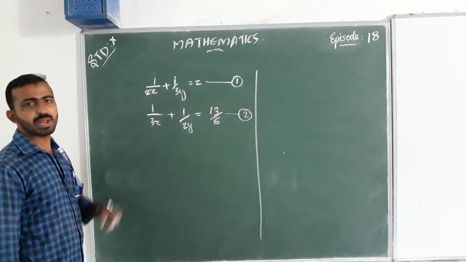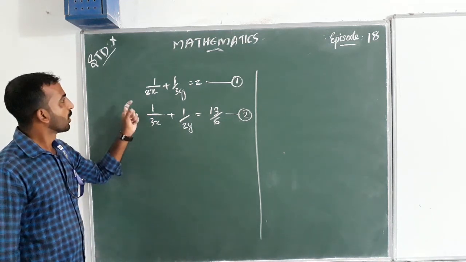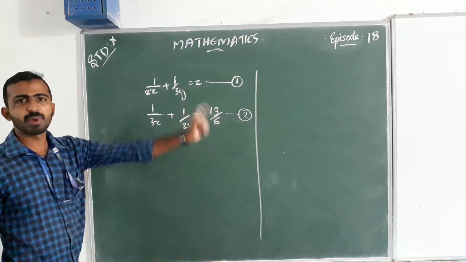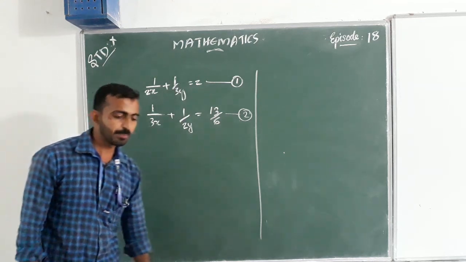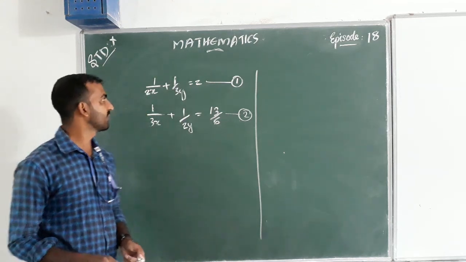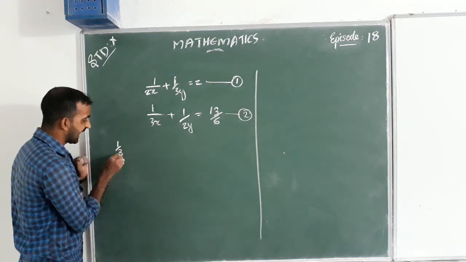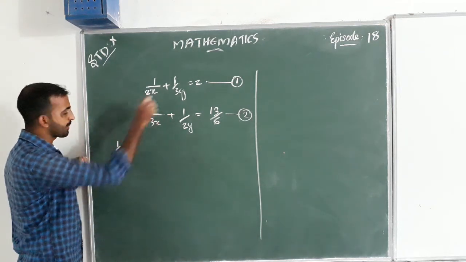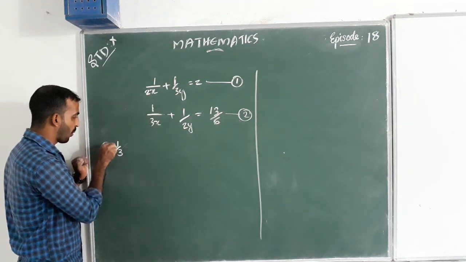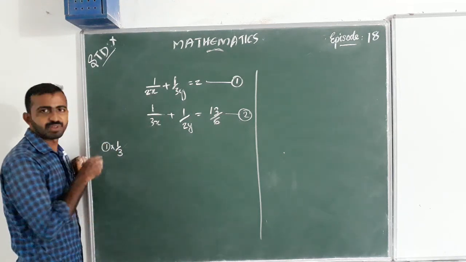Here we multiply equation number 1 throughout by 1 by 3. What do we get?